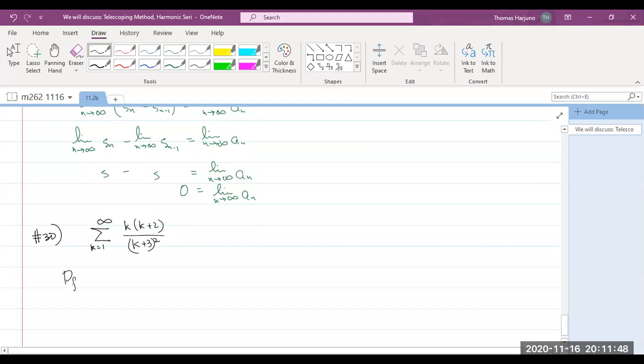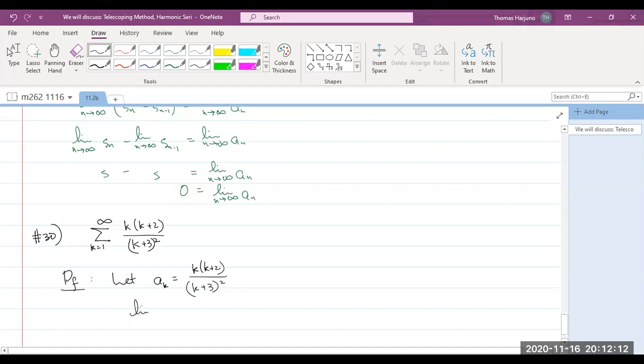Proof. Let the term a sub k be k(k plus 2) over (k plus 3) squared. What is the limit when k goes to infinity? Notice that the degree on the top and the bottom are both 2.